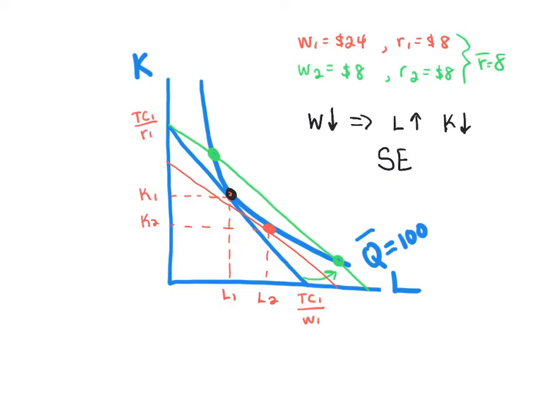From this original bundle, L1K1, to the new bundle, L2K2, we have held output constant, not utility in firm theory, but now output is being held constant, and we allow the slope of the isocost line, or the relative input price ratio, to change. Changing the price ratio, holding now output constant, is exactly what a substitution effect is.